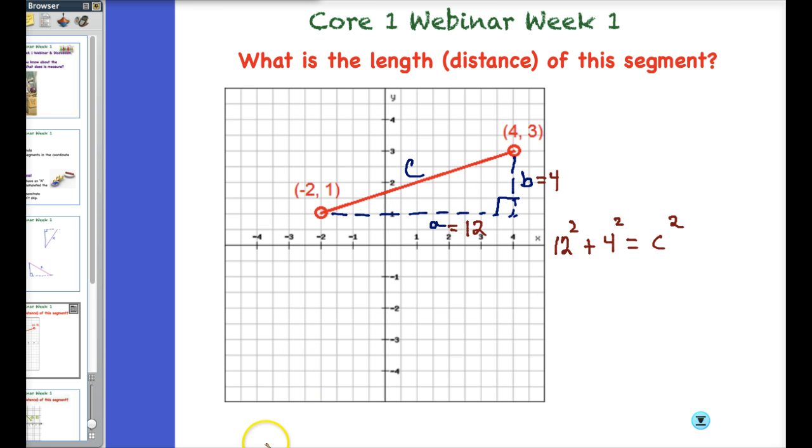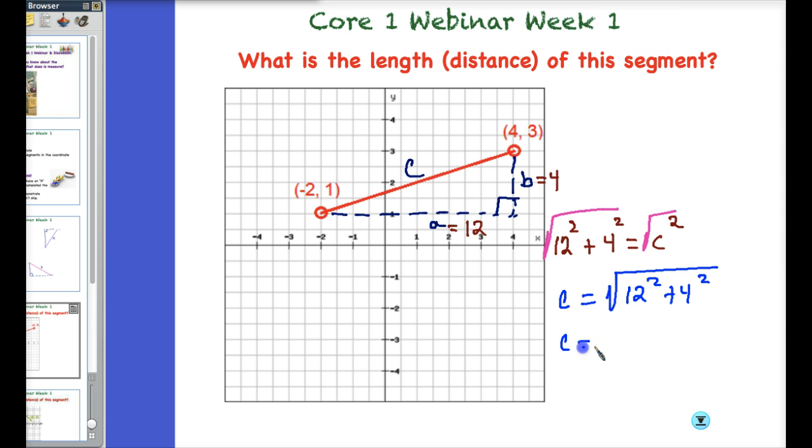Now we talk about the distance formula. If I take and solve for C, I'd have to take the square root of this, right? Which means I'd have to take the square root of everything here. So I could rewrite this equation as C equals the square root of 12 squared plus 4 squared to solve it, basically.